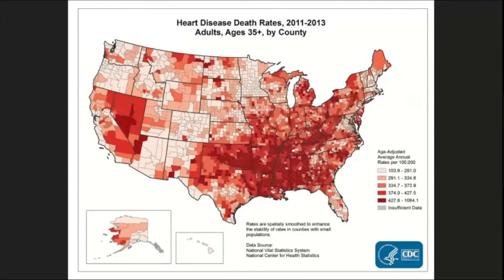Heart disease death rates in adults above 35 by county in the United States of America. We can have a very long argument and discussion about the social, political, economic, and cultural implications of this chart, right?